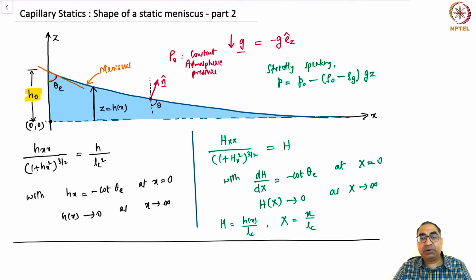For example, we want to find out how rapidly does the meniscus decay from its height h0, and we finally want to understand why does the fluid rise at all. Can we get a simple mechanistic insight into this in terms of, let's say, force balance? So we'll try to address some of these questions in this lecture.